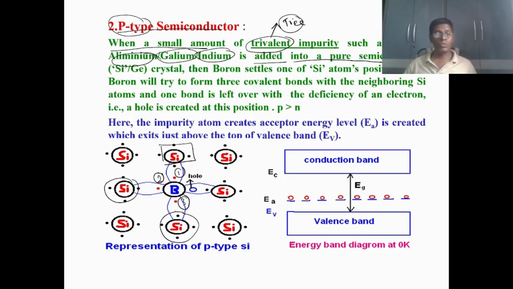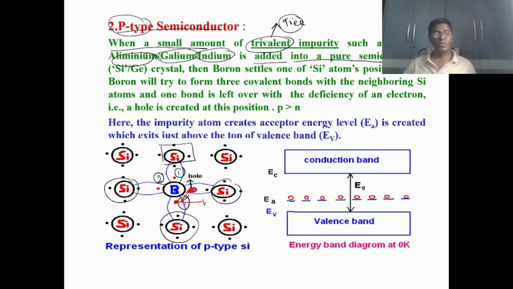So 3 bonds are completed here, but to complete the 4th bond for this silicon, boron requires one more electron. Therefore this boron is ready to accept one electron from the surrounding places. Therefore what happened here? Check the diagram. This electron shifted from this place to the newly located place.